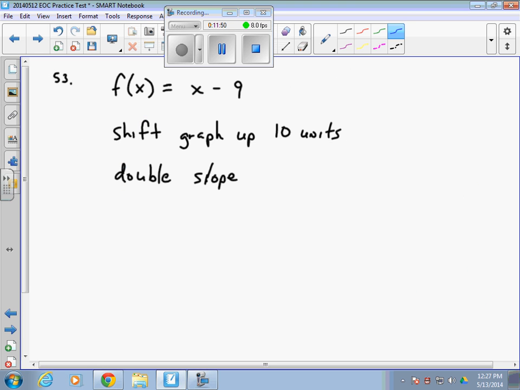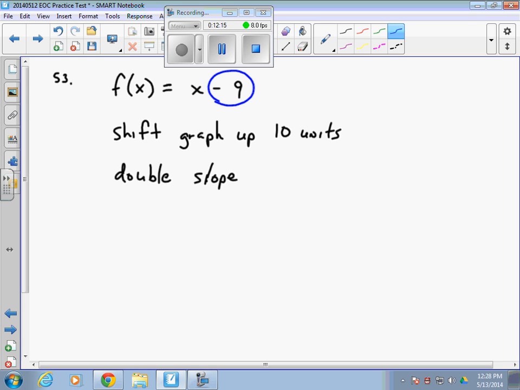And then finally, number 53. It says f of x equals x minus 9. Jaden then graphs a second function, g of x, that's found by shifting the graph up 10 units and doubling its slope. So if it goes up 10 units, the b value is going to go up 10 units. So if it goes up 9, it's going to get to 0.